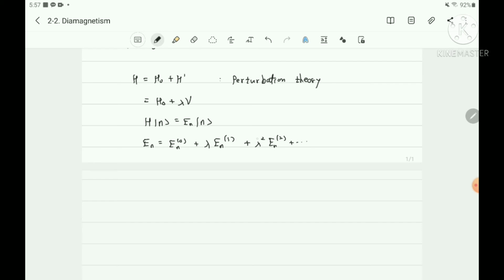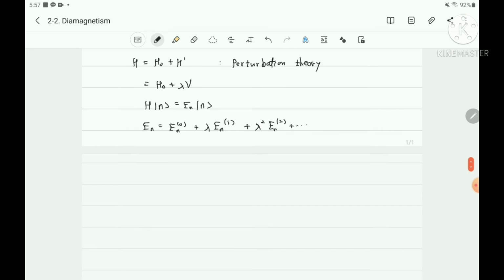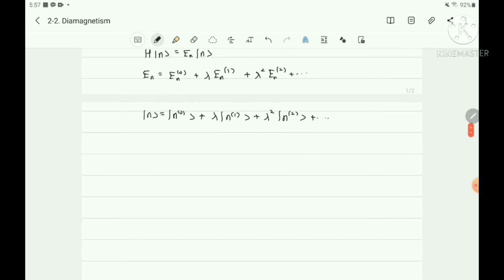Here lambda is a parameter. Also, let's expand the state in higher orders: the n0 state plus lambda times the n1 state plus lambda squared times the second-order state.